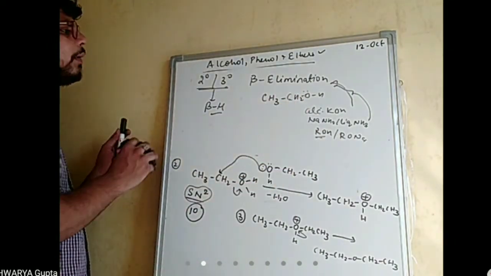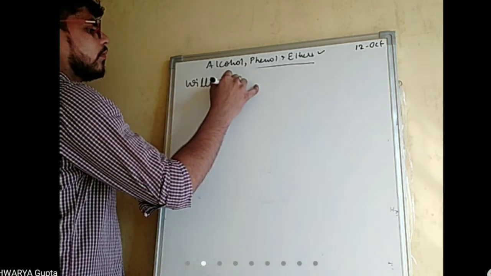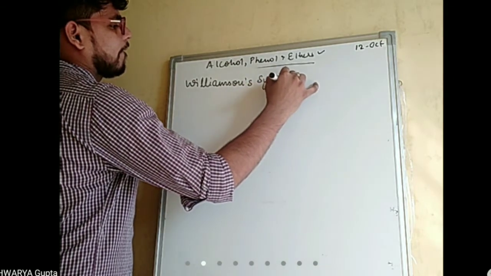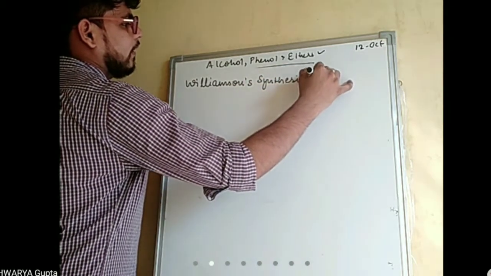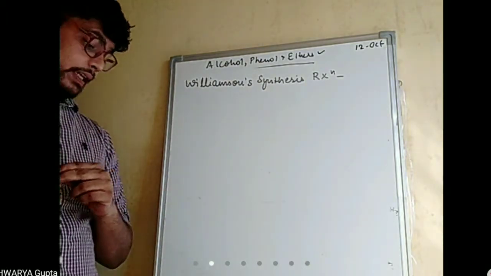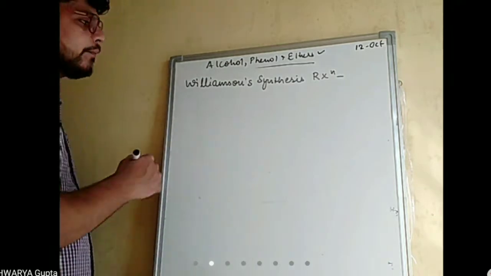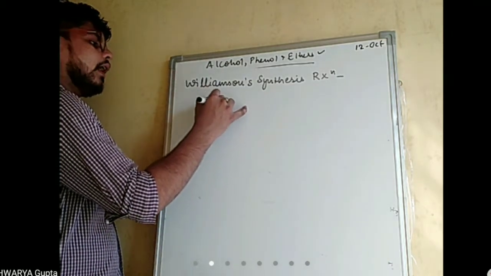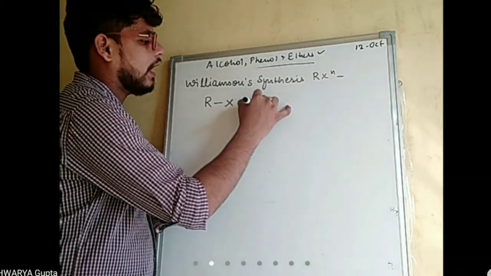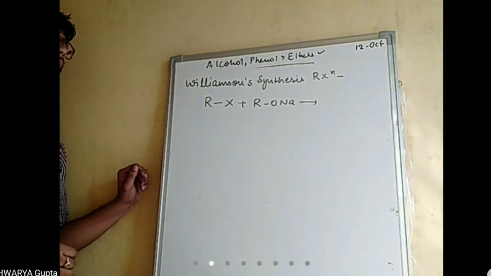Now the next part is the Williamson synthesis reaction. This is again a new reaction. What will happen here? RX, an alkyl halide, is treated with RONa, sodium alkoxide.